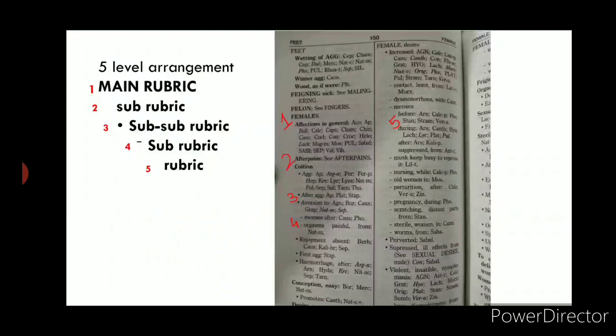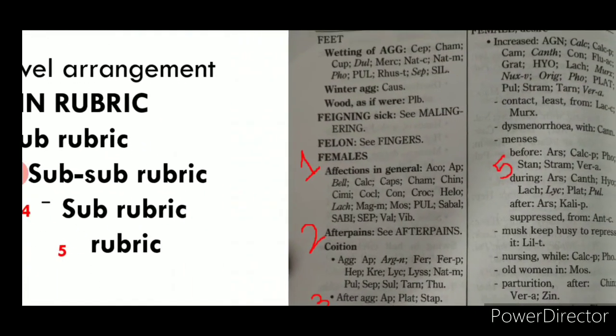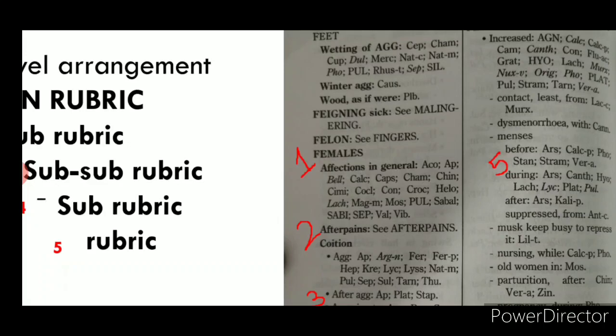So now we are going to discuss the arrangement of rubrics. In this repertory, you are going to find rubrics arranged in five different levels. On the first level, we have the main rubric, printed in bold and capital letters. In this photograph, you can see the rubric of females, which is a first level rubric.